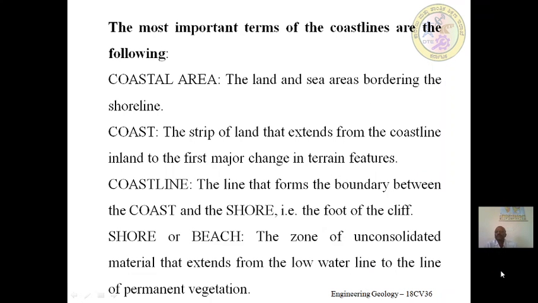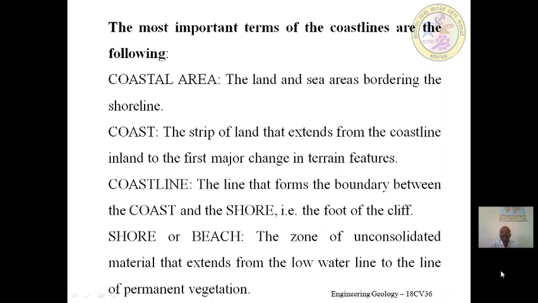The most important terms of the coastal lines are the following. Coastal area: the land and sea areas bordering the shoreline. Coast: the strip of land that extends from the coastal line inland to the first major change in terrain features.